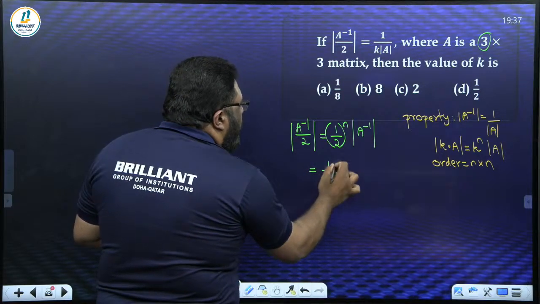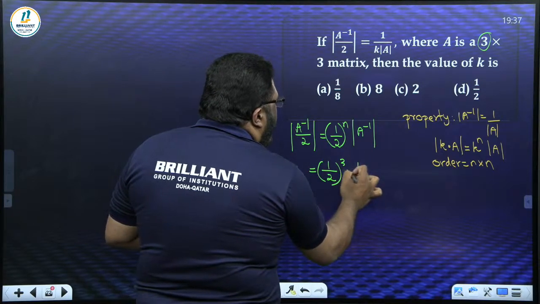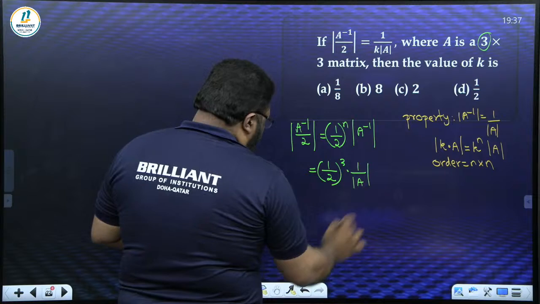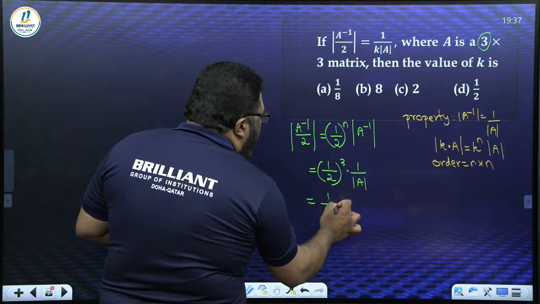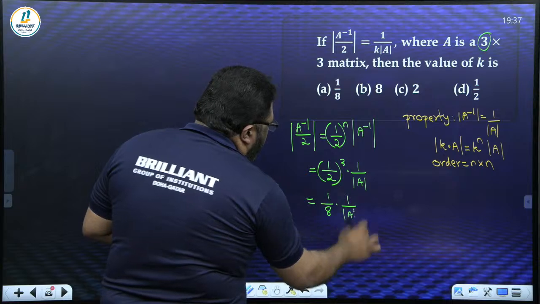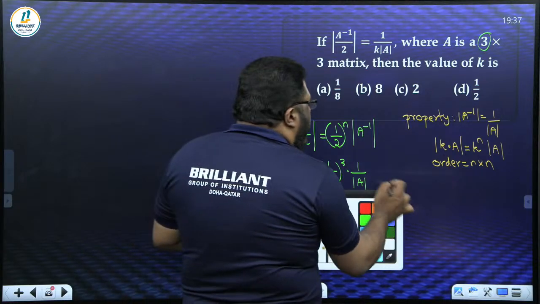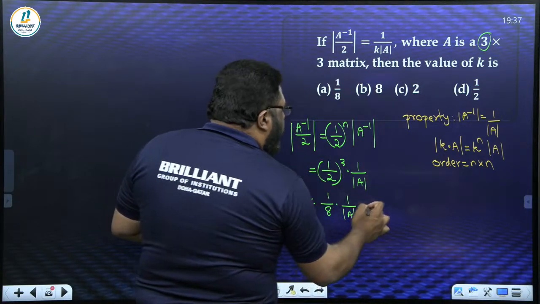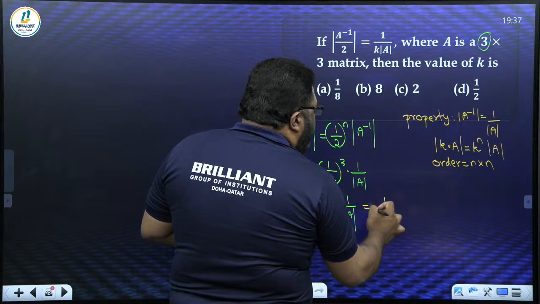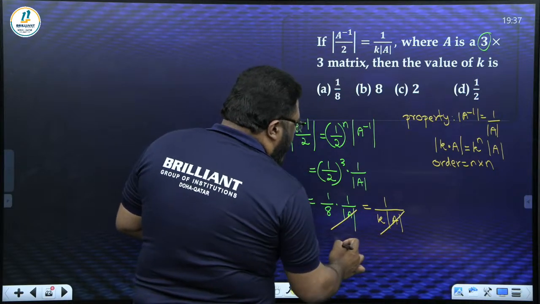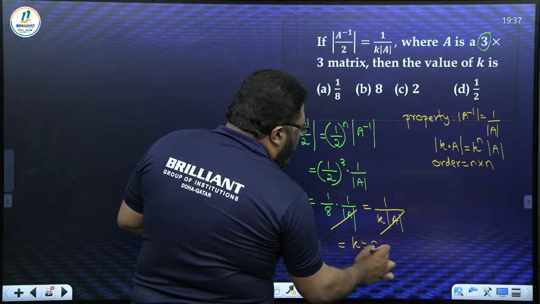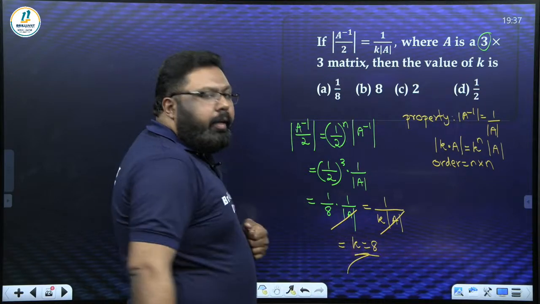So 1 by 2 cubed into 1 by determinant of A, that is equal to 1 by 8 into 1 by determinant of A. Now compare it with the right hand side, my dears. My right hand side says 1 by k into determinant of A. So can I compare and say k is equal to, simple answer, 8.